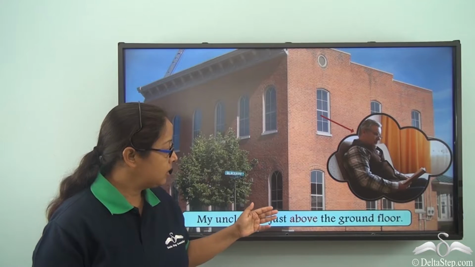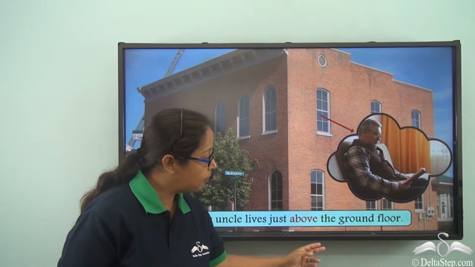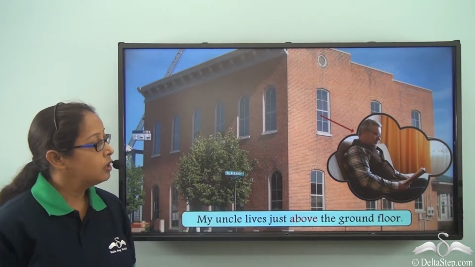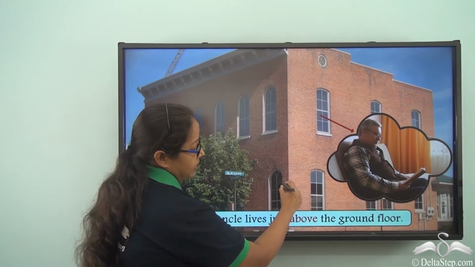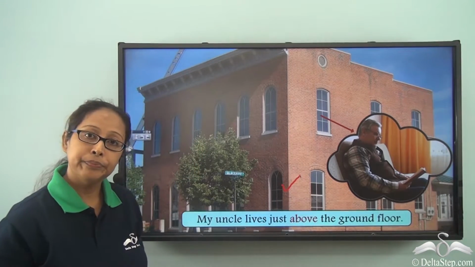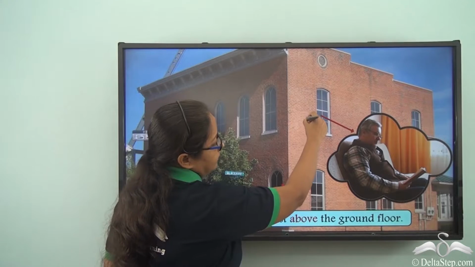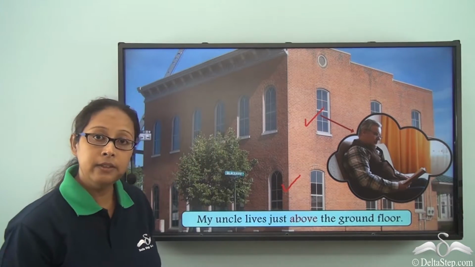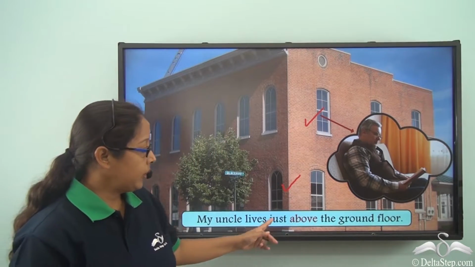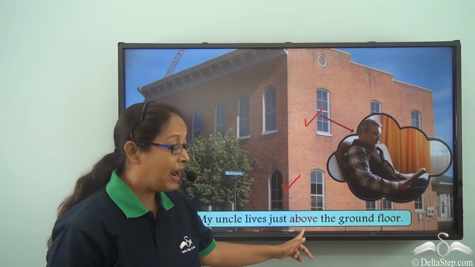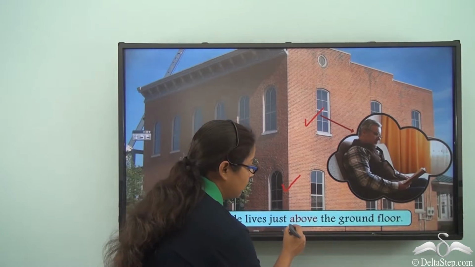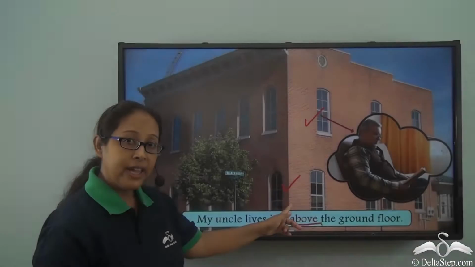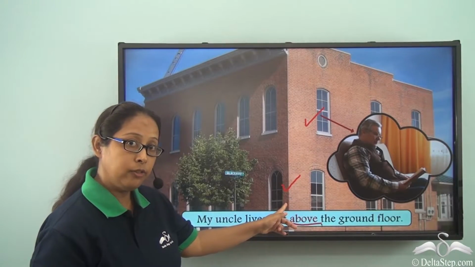My uncle lives just above the ground floor. So, this is the ground floor and this is where my uncle lives. So, he lives just above the ground floor. We have already seen that this is the ground floor.